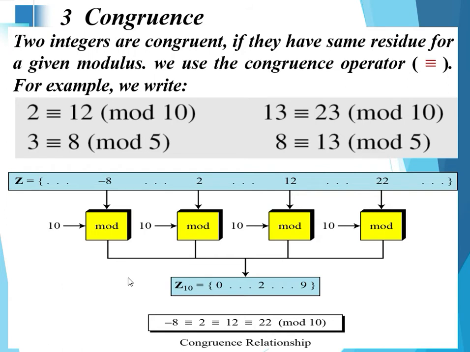Here is the example for the congruence concept. The congruence operator looks like the equality operator, but there are differences. First, an equality operator maps a number of Z to itself.